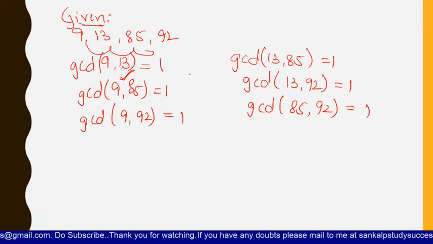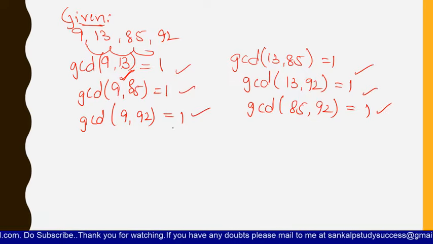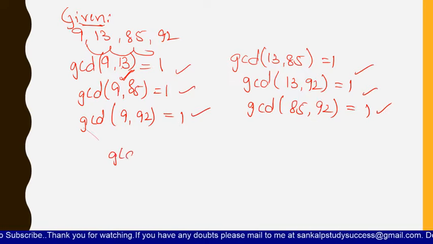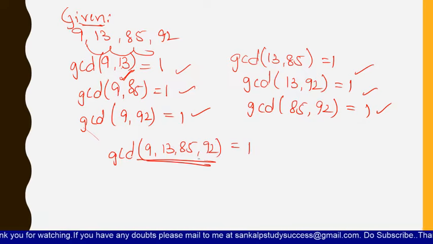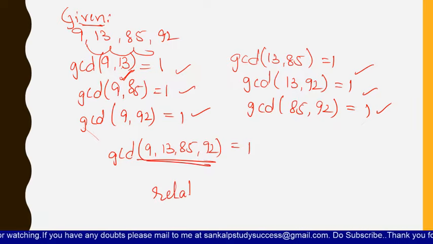It is 1. So, for each and every pair, you are getting the GCD as 1. That means GCD of 9, 13, 85 and 92 is 1, correct? So, all these numbers are relatively prime numbers.